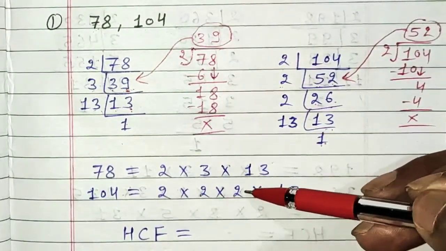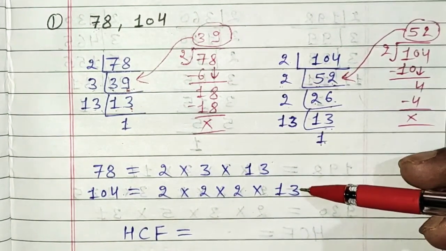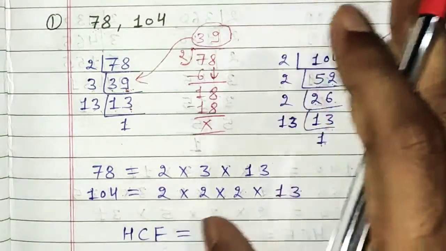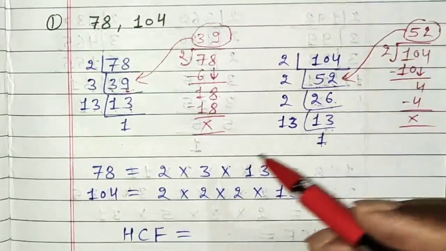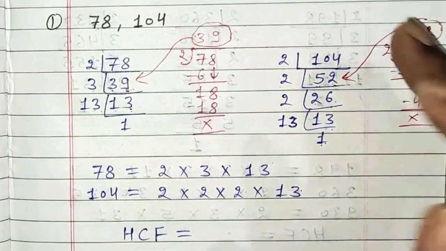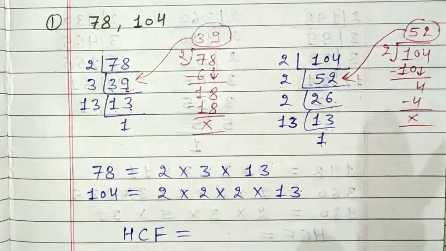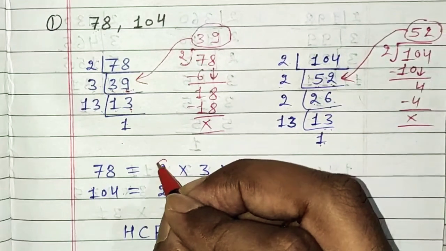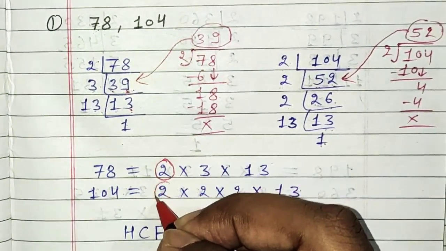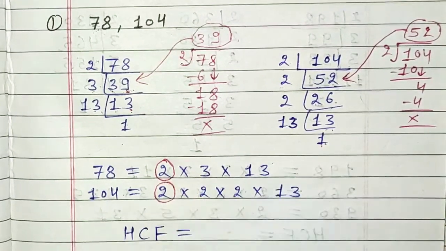Now for finding out the SCF, you will have to take the common factors, as the name suggests. So 2 is present in the factors of 78 and 2 is present in the factors of 104.